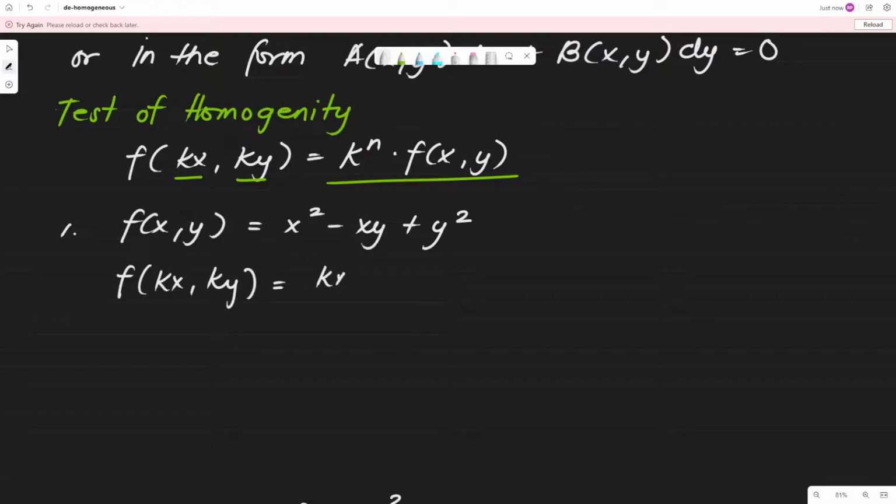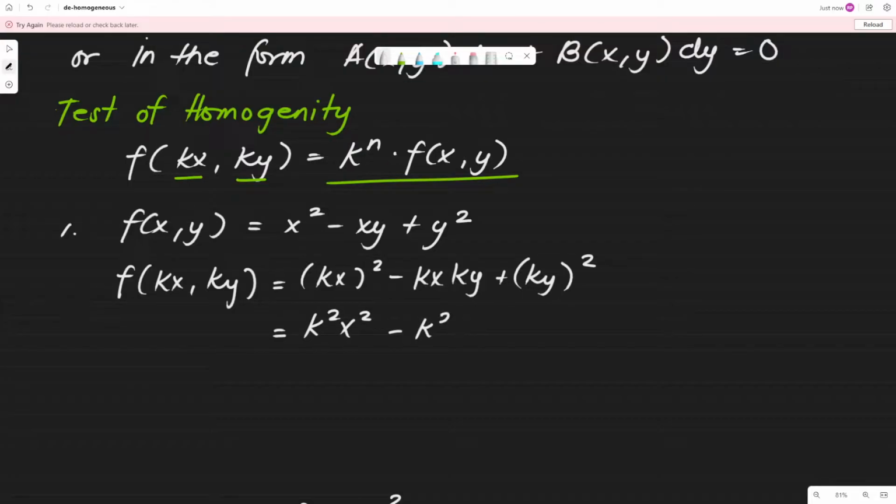So we have kx quantity squared minus kx times ky plus ky quantity squared. Let's simplify this one. We have k squared x squared minus k squared xy, because the operation between the two k's is multiplication. Then we have plus k squared y squared.